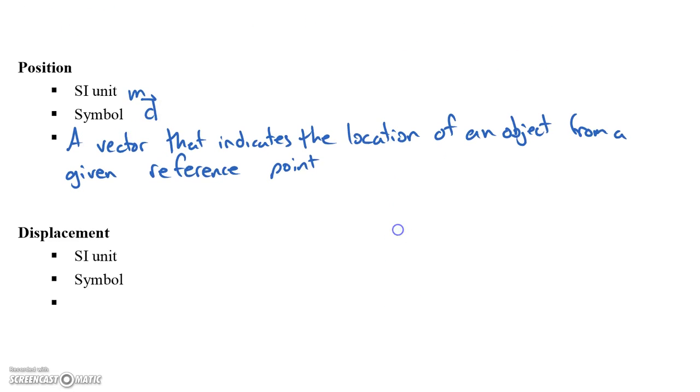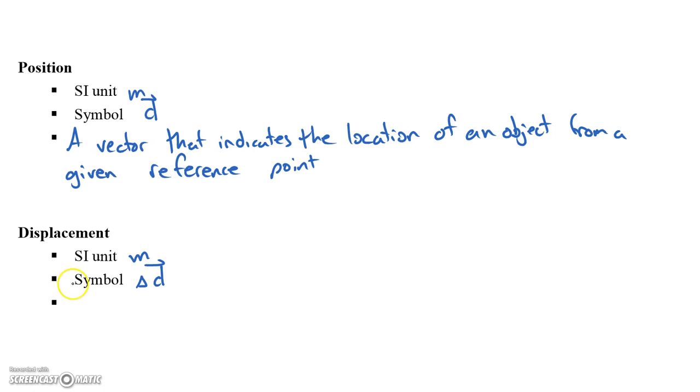So let's go on to displacement, SI unit, meters as well. Symbol, lowercase d, vector arrow with the Greek letter delta out front of it. Now that stands for change in, the Greek letter delta.